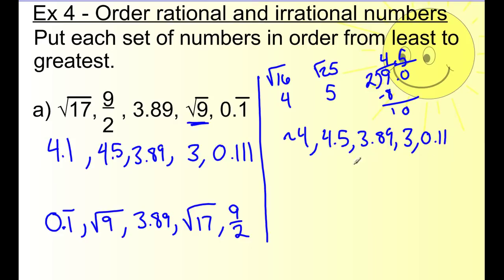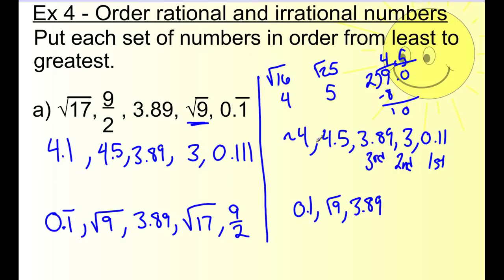So now out of this, you'd get the exact same order. I would still say this is the smallest, 0.1, followed by the 3, which was the square root of 9. So first, second, this would be third, the 3.89.